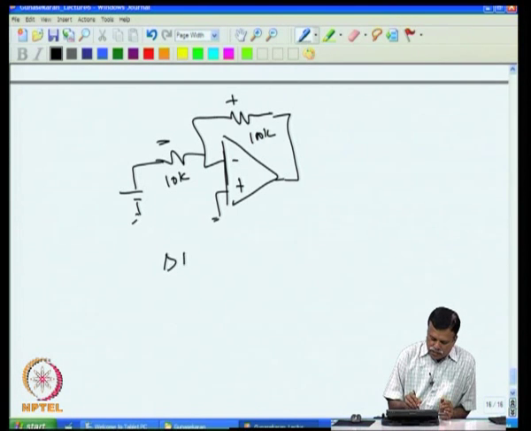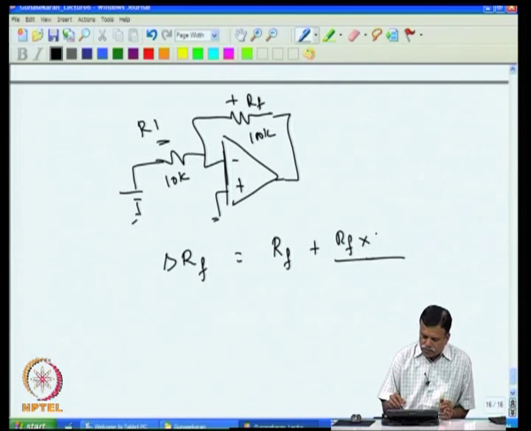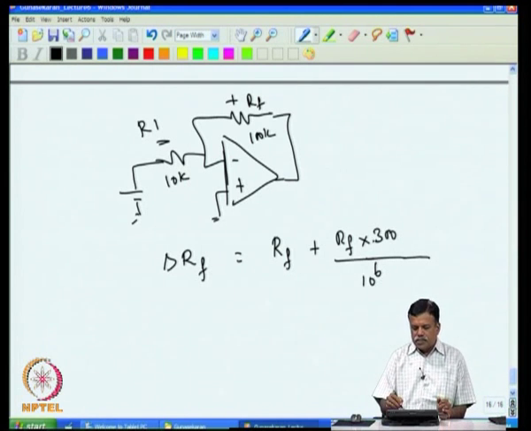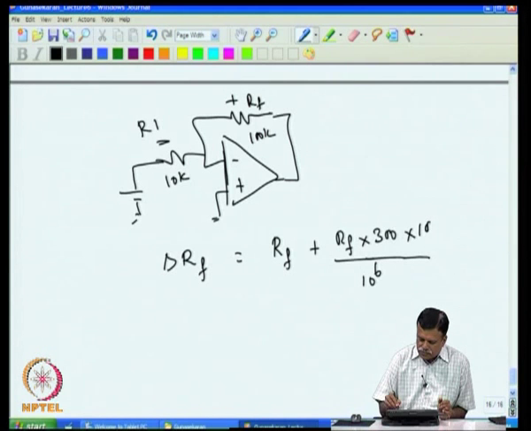So, delta RF, this is RF, this is R1, will be RF, that is 100 K. So, we take RF plus RF into the temperature coefficient, which is 300 ppm, 300 divided by 10 power 6, that is 300 parts in 10 power 6, into the temperature difference, which is 100.